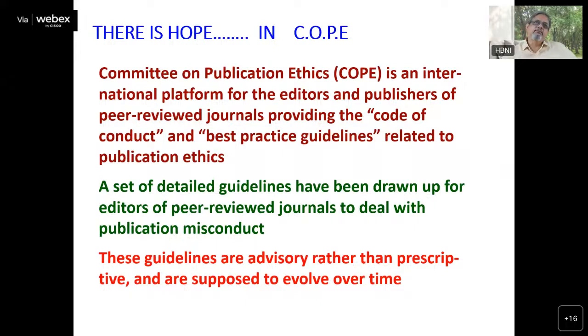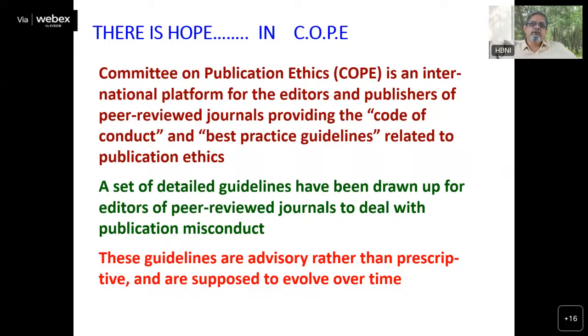And this platform provides a certain code of conduct and best practice guidelines which are related to publication ethics. See, how did this all start? This Committee on Publication Ethics, COPE, was started by a couple of editors of some popular medical scientific journals, medical journals.